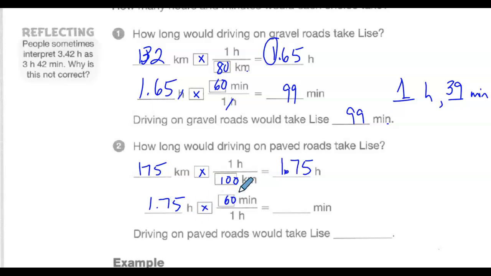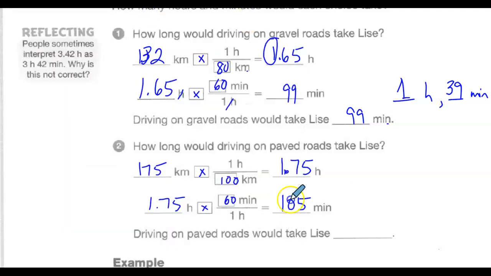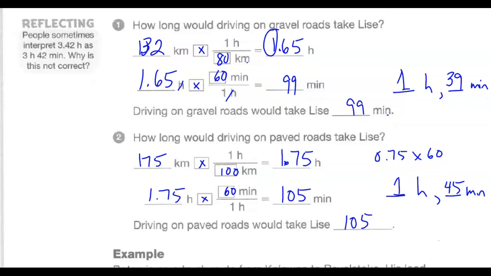Now you might be able to figure this out in your head. 0.75 is 3/4, and 3/4 of an hour is 45 minutes. So this is going to be 105 minutes, but if you're not sure, take the 1.75 and multiply by 60, and you get 105 minutes. Now, if it was in hours and minutes, we have 1 hour, and then 0.75 times 60 is 45 minutes.